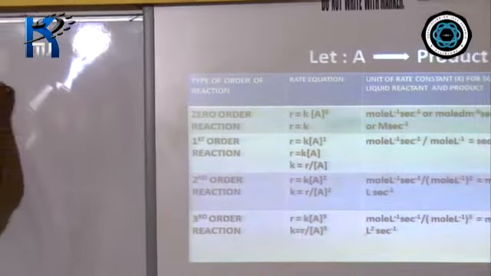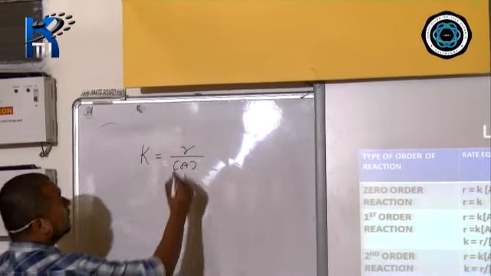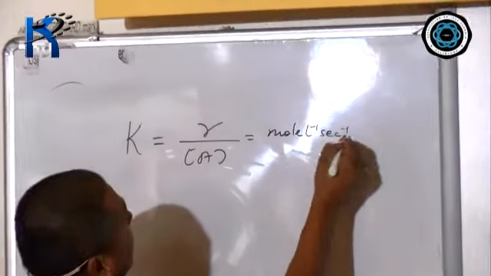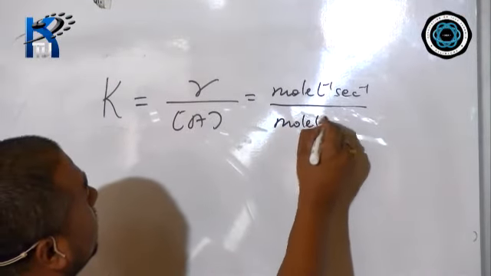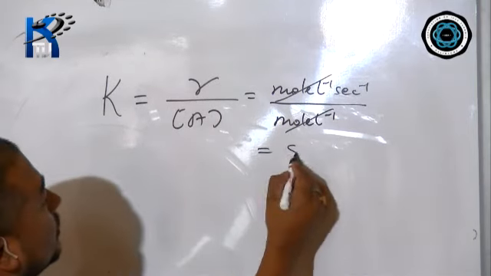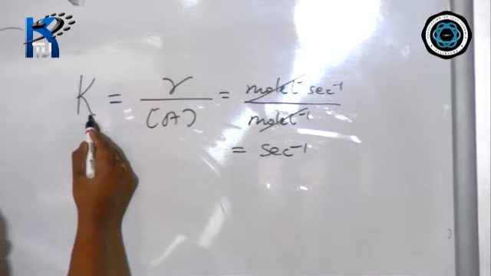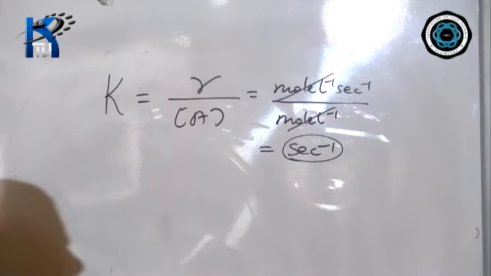Unit of R for solid, liquid is mole liter inverse second inverse, and the concentration unit is mole liter inverse. So mole liter inverse will get cancelled, and the unit will be second inverse. So the unit of rate constant for solid, liquid is second inverse.